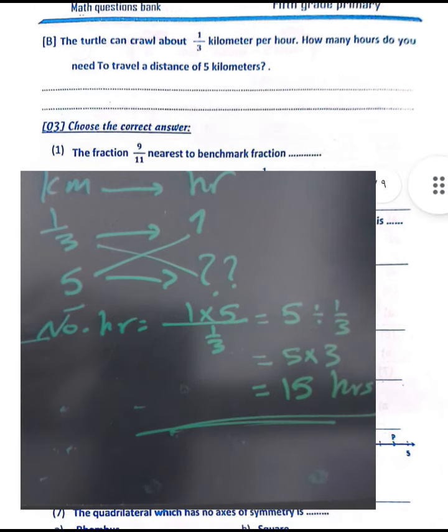So you need 15 hours to travel a distance of 5 kilometers. The turtle needs 15 hours to travel 5 kilometers because it travels 30 kilometers in 1 hour.